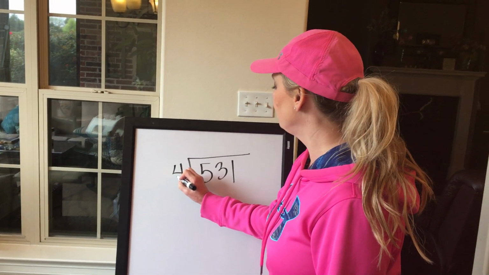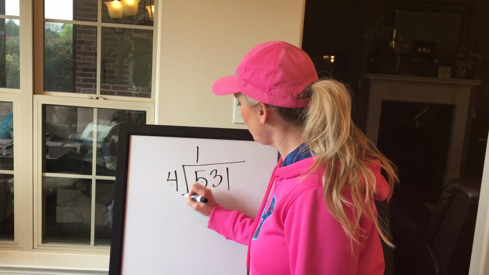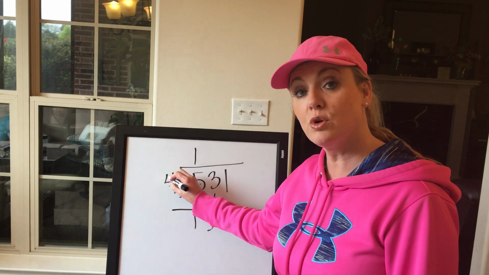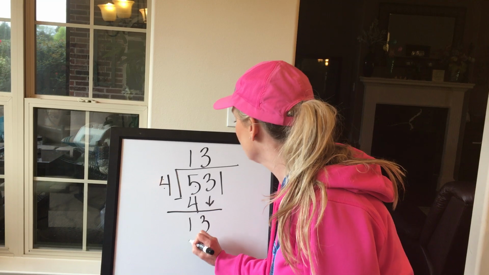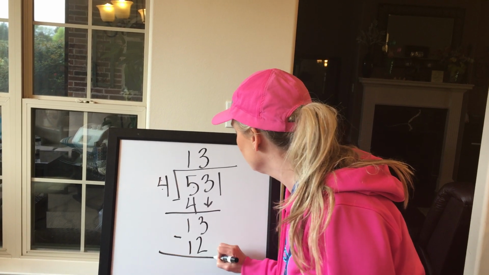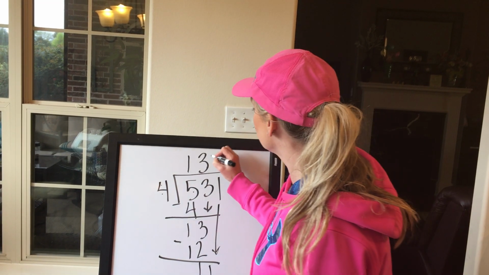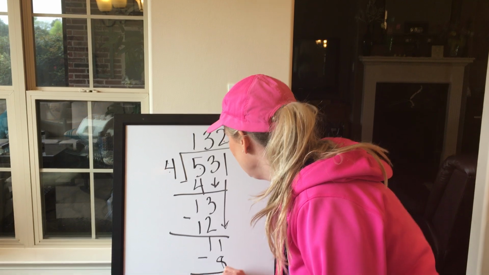So if the question is, how many pages can I fill completely? We want to divide 4 into 5. It can go 1 time. I subtract, bring down. 4 times what gets me the closest to 13? That is a 3. 3 times 4 is 12. I subtract and bring down. 4 times 2 is the closest. That gives me an 8.